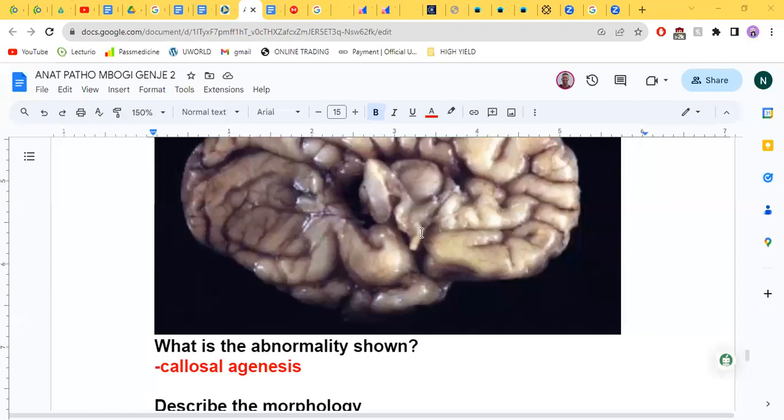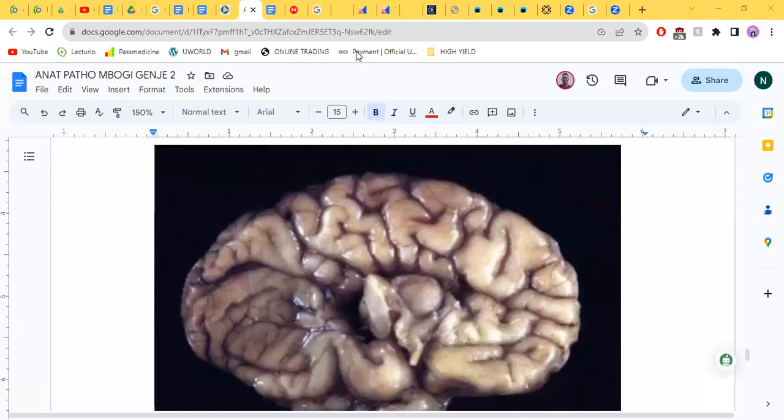Now, there's a specimen of the brain here, and something is missing. What is missing from this specimen of the brain? The corpus callosum. Yes, so the corpus callosum is missing.